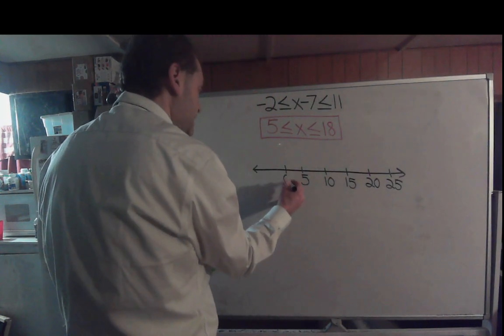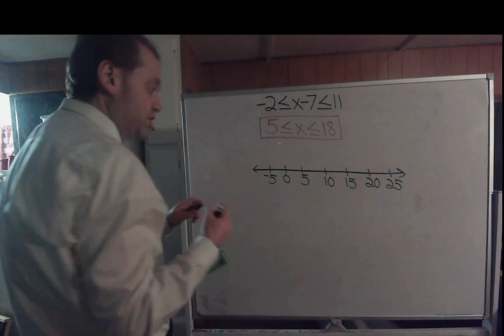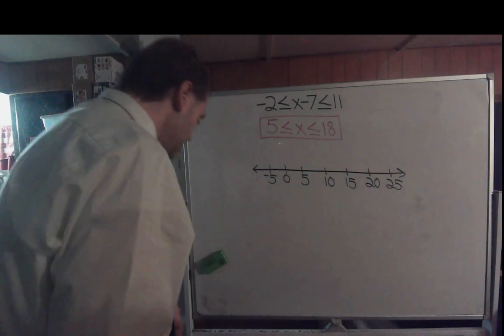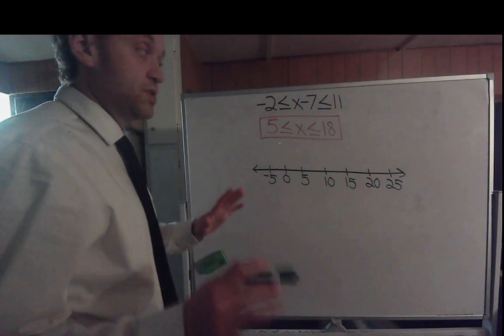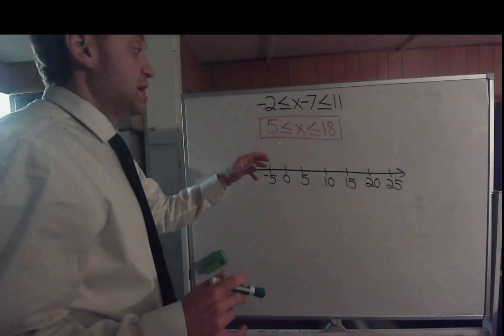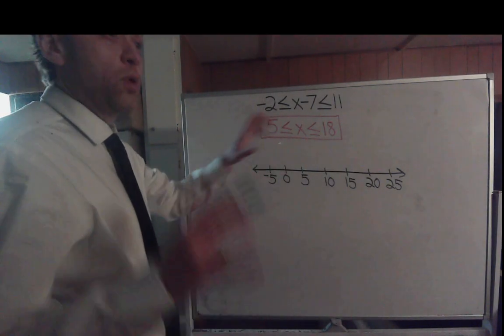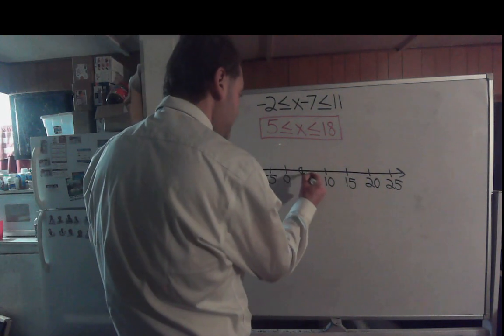And you can do that when you're graphing these on a number line. Whatever works for you, as long as it's clear what you're trying to illustrate. So 5 is less than or equal to x. Whenever you have it like this, you're going to start with your 5, and since it's less than or equal to x, you're going to put a solid dot at 5.